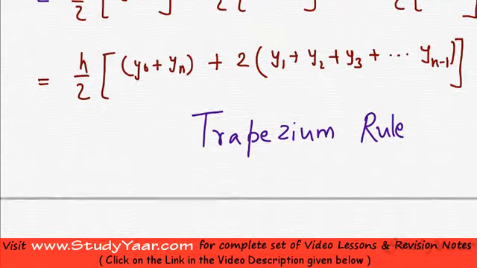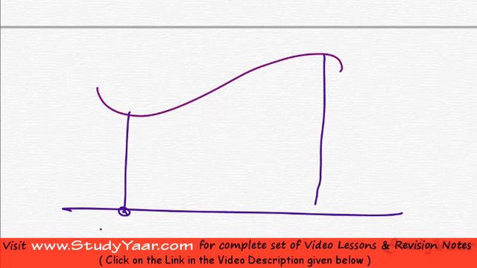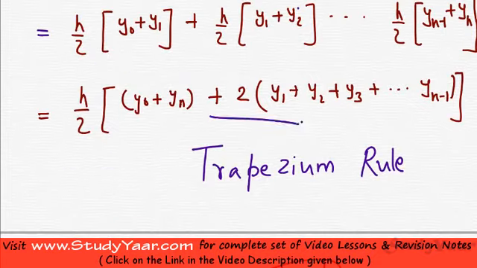So what's happening over here, just understand, you have a function, and you're supposed to find out the integration of this function between a, which is this point, to b. So what you do is you make n small intervals, and now you have the formula which is this.